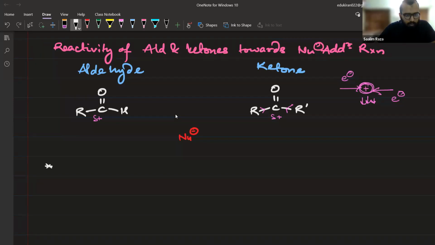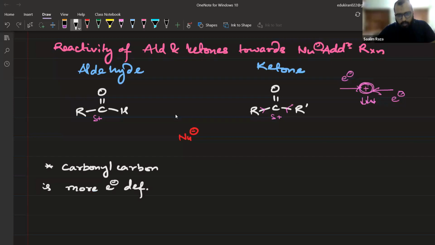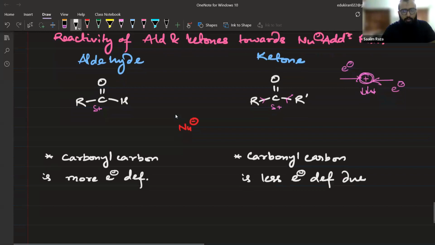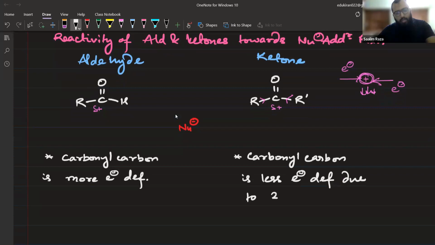So here I will write, please don't write, आप लोग अभी मत लिखिएगा, carbonyl carbon is more electron deficient, ठीक है? Here we will write carbonyl carbon is less electron deficient. अभी मत लिखो, due to two alkyl groups, ठीक है?